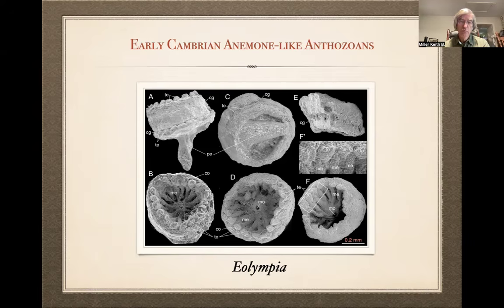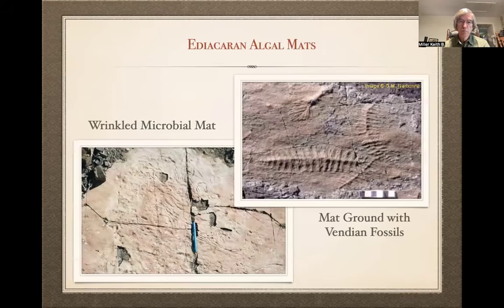One thing that characterizes the Ediacaran is really important as far as the transition from the Precambrian into the Cambrian is that the seafloor had a tremendous transformation. At the end of the latter part of the Precambrian, the seafloor almost everywhere was covered by an algal mat.